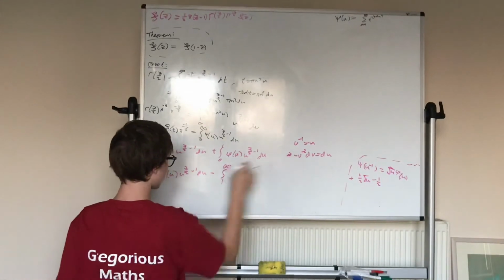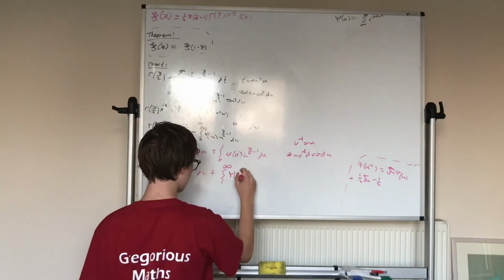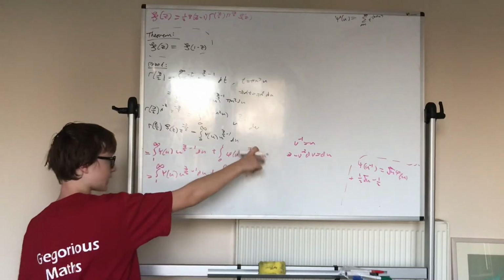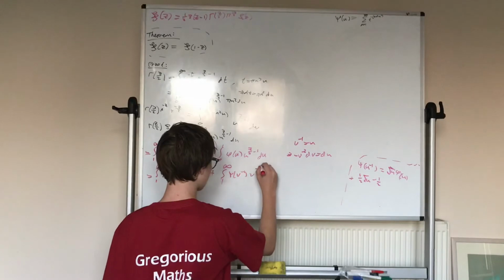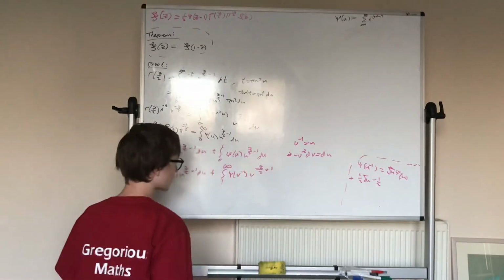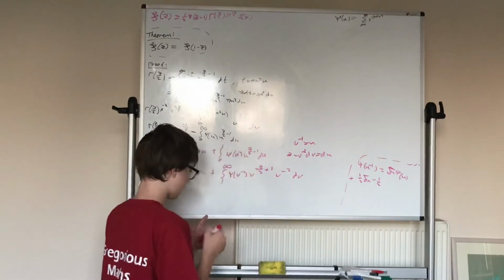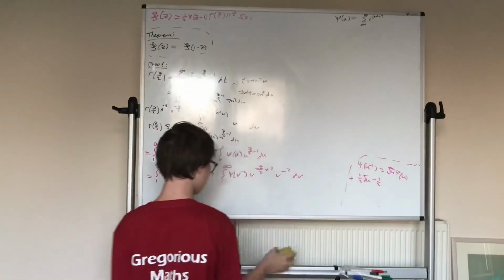But look, we have a minus right here, so that becomes a plus. So we're going to get c of v to the negative 1, and then this here will become minus z over 2 plus 1. So we're going to get v to the minus z over 2 plus 1 times v to the negative 2 dv. Okay, and I'm just going to rub this out now.